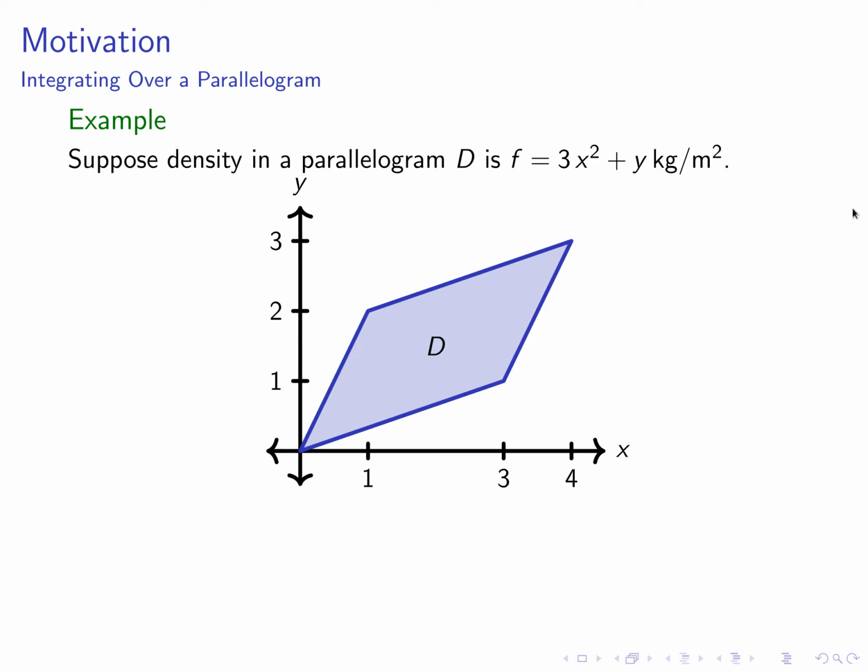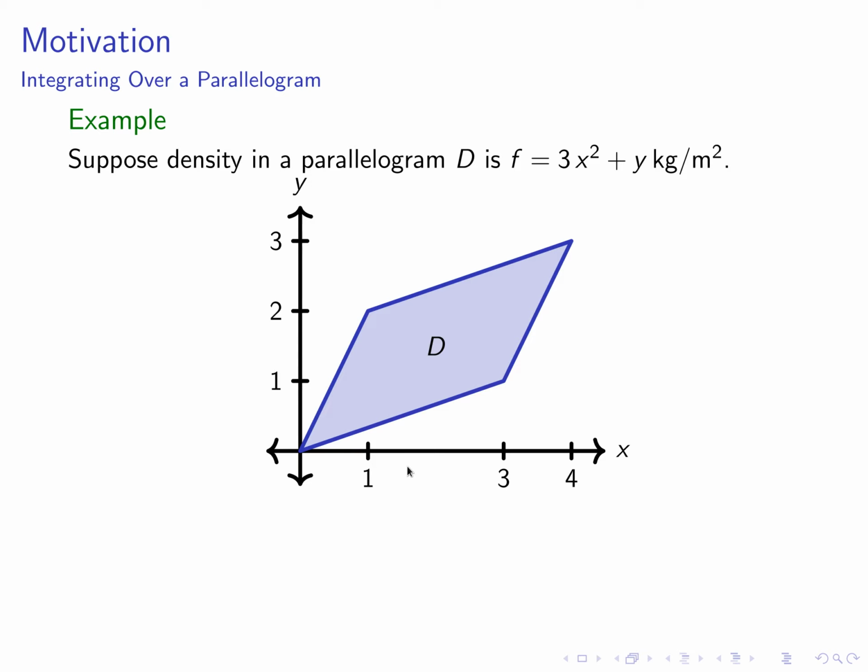Well, if we wanted to calculate the actual mass of this region, we could do so with a double integral, but if we look closely at this region, we realize that we're in for a little bit of effort. To describe it with an iterated integral, we actually need several iterated integrals.